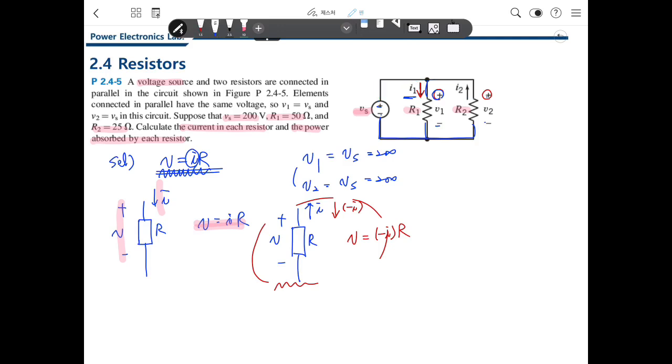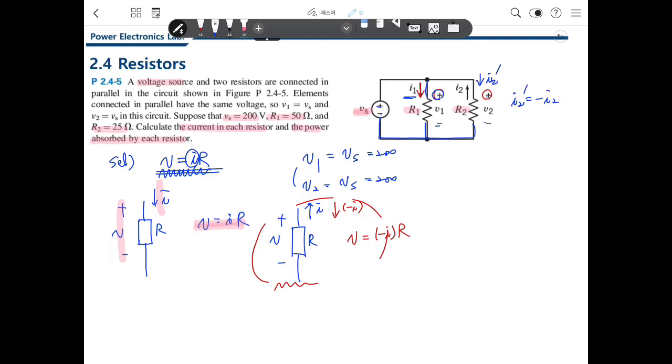At first, we will calculate not I2. We define another current in here, I2 prime. Then I2 prime will be minus I2, because it has the same magnitude but the direction is different.